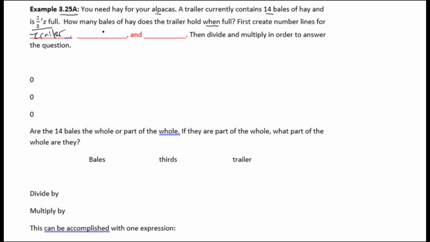For the bales of hay, let's write bales, and for thirds, because that's what we have here. And I'm going to divide and multiply in order to answer the question. So here is the first one.